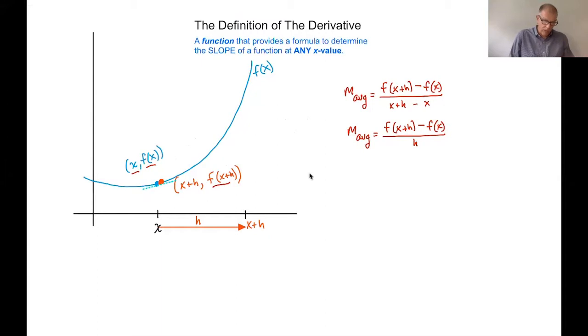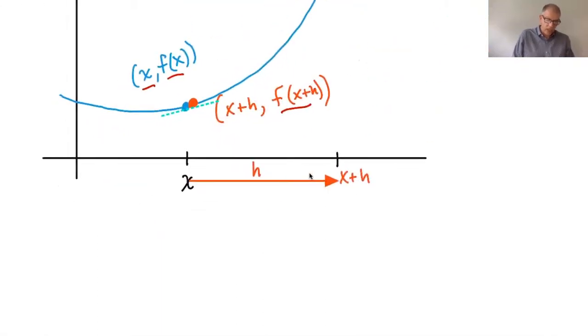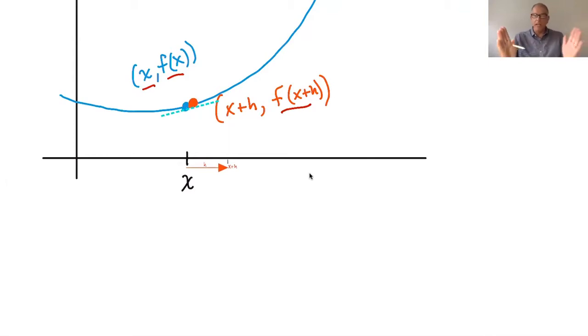And so, of course, what we've done here is we've taken this change in the x values, this h value, and we've completely shrunken it down. So rather than looking like that, it's going to look like some kind of miniature version of that. I can't make it go that small, but you get the idea now that we've taken the h value, the change in x, and made it really, really small.